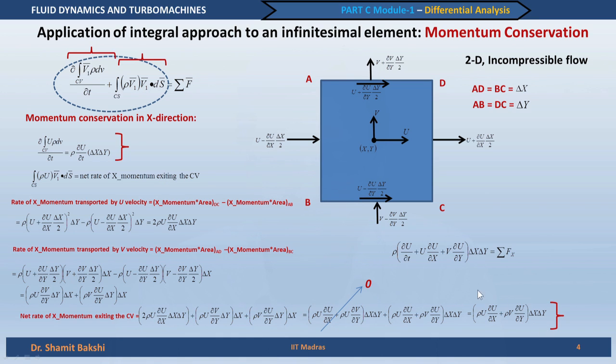If we club these two parts, we get this equation. This equation is basically the x momentum equation for a 2D incompressible flow, but of course the right hand side has not been simplified. We will do that, but before going into that, let us understand the meaning of this equation, or the physical meaning of this equation.